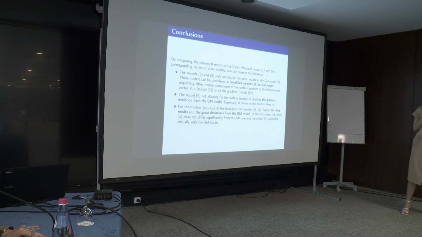The third and fourth models also display close results and a great deviation from the full model. In the rest of the cases, model 4 does not differ significantly from the full Gurtin-Murdoch model, and model 3 is consistent virtually with the full model of Gurtin-Murdoch.